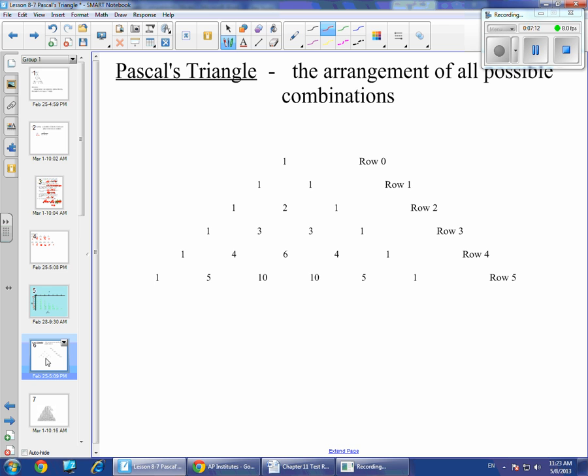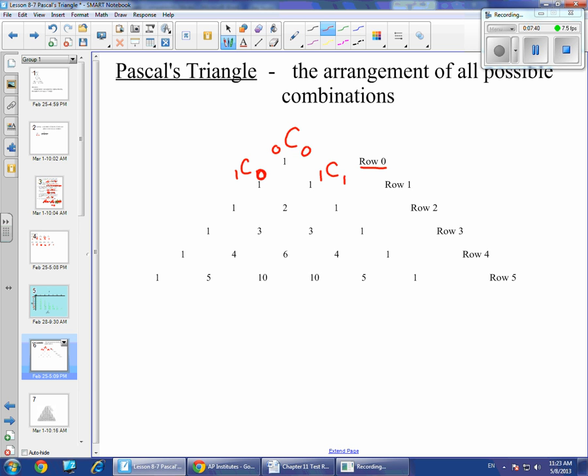The top row just has a 1 in it, and that's because it comes from 0C0. It's the only possible combination that has 0 for n, so we call that row 0. The row 1 is made up of two 1s, because it comes from 1C0 and 1C1, so we call it row 1.